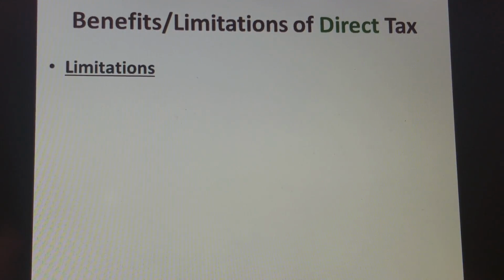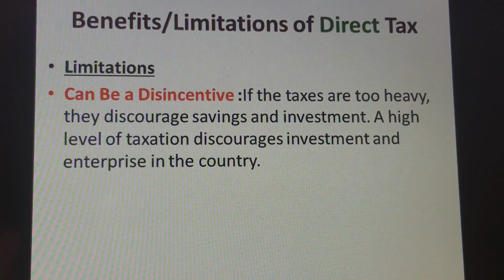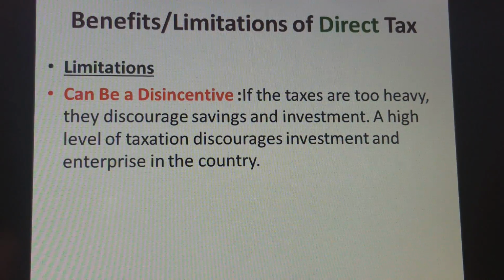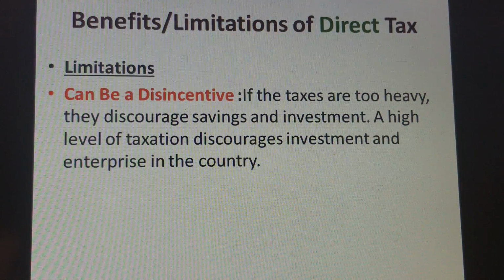Limitations, quickly. Now the limitations. One, direct taxation can be a disincentive. If the taxes are too heavy, they discourage savings and investment. A high level of taxation discourages investment and enterprise in the country.